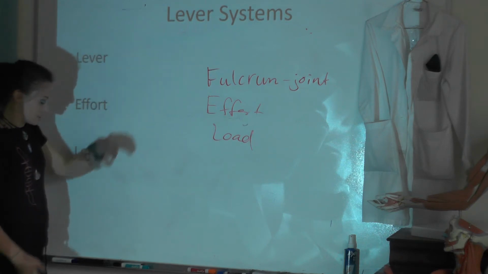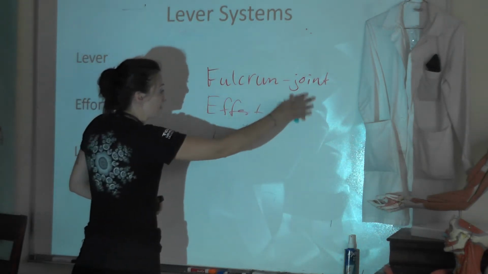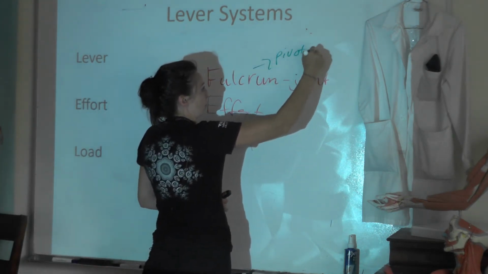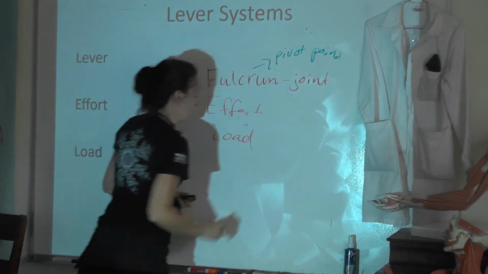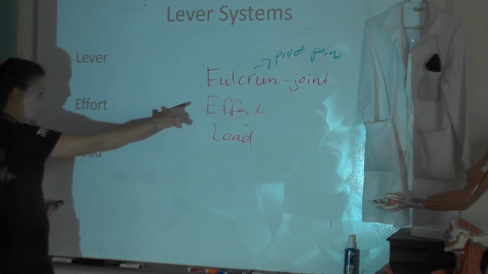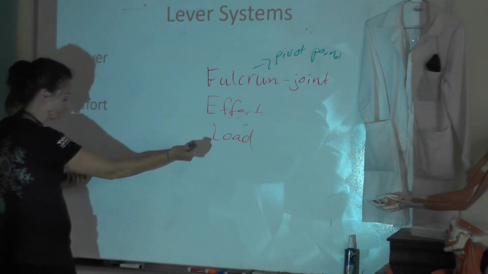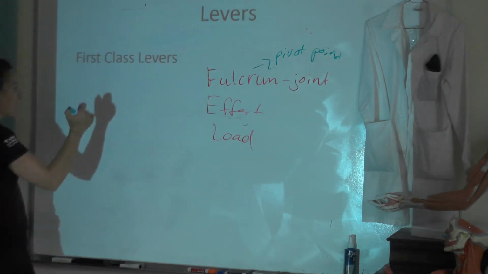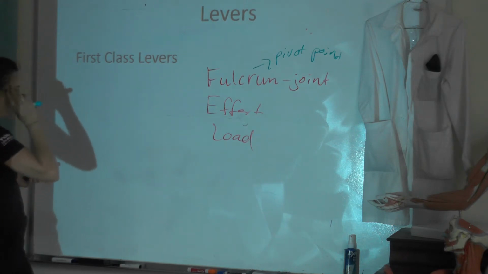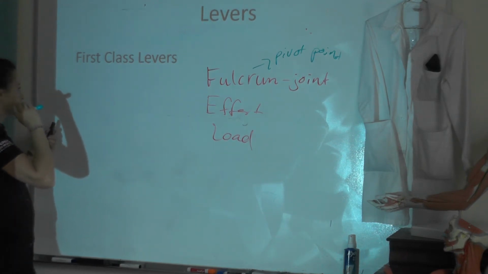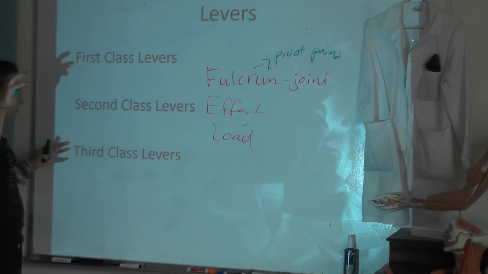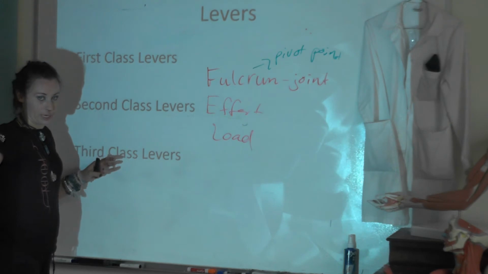In a lever system, the fulcrum physically in our body will be the joint. This is the pivot point. The relationship of the fulcrum to the effort, your muscle, and the load, the work you're asking it to do, is going to change in each class of lever. What helps me is coming up with easy ways to remember things, like a rule.